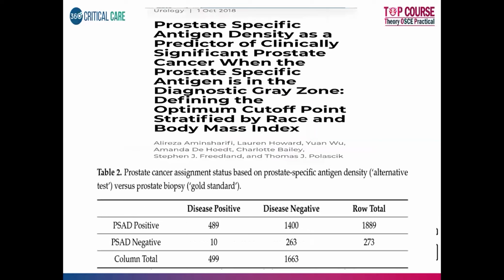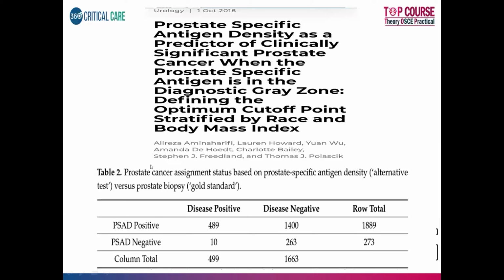It is nothing but the prostate specific antigen divided by the volume of the prostate, which is usually calculated by transrectal ultrasonography. In this article, they tested whether this PSA density is able to predict the positivity of prostate cancer.